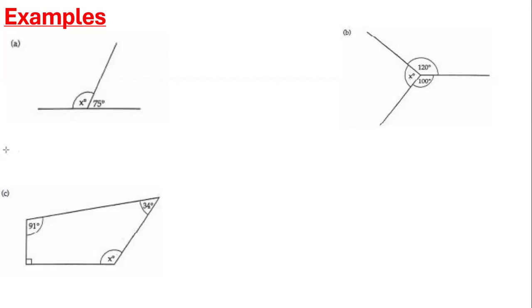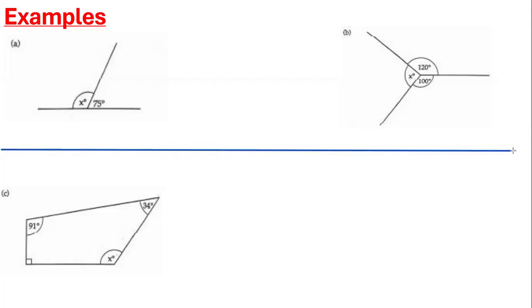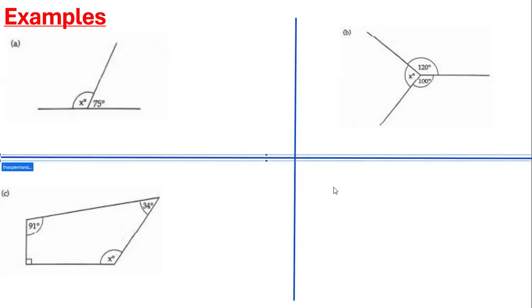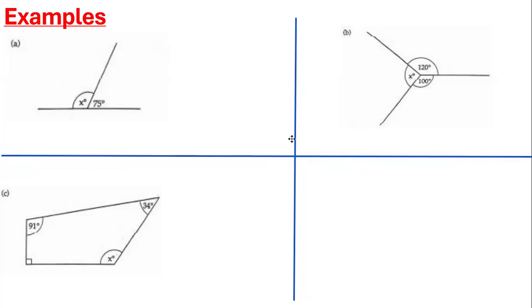Let me put a line through here, and let me put a line through this. That's good. Okay, good. All right.